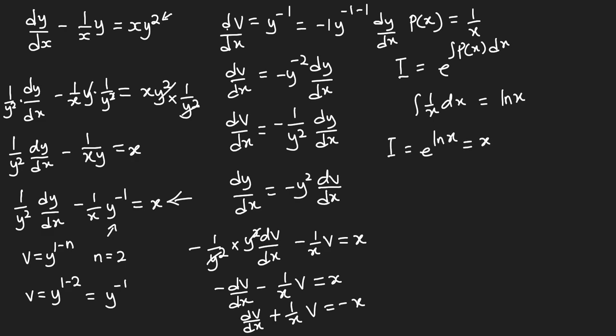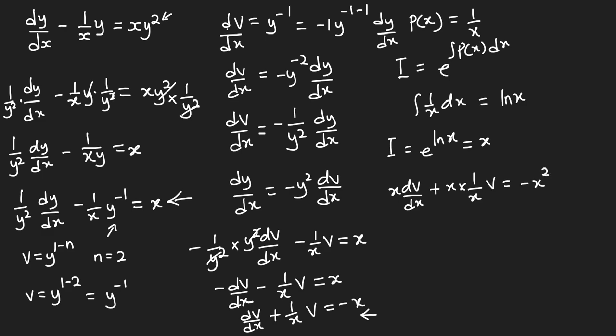So at this point, we're going to multiply through the differential equation by the integrating factor that we got. So we're going to have x dv/dx plus x multiplying (1/x)v equals minus x squared.